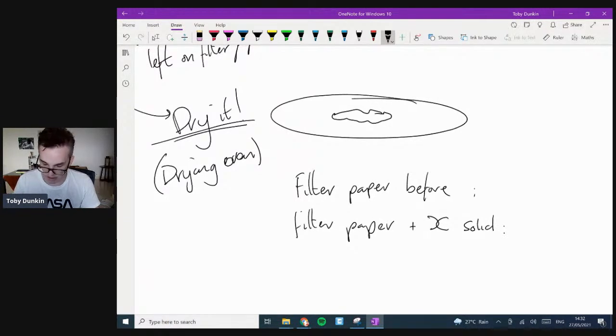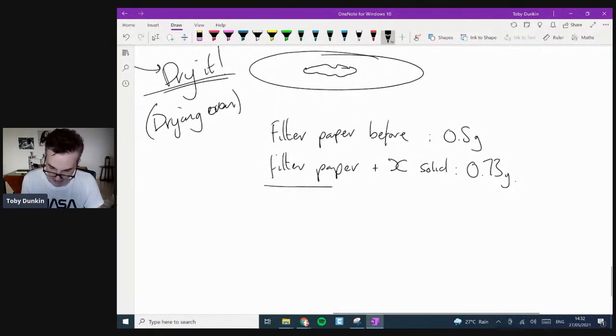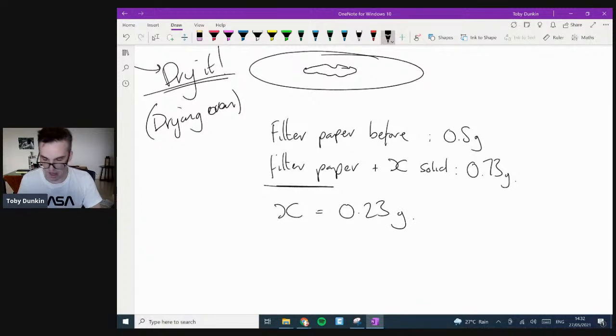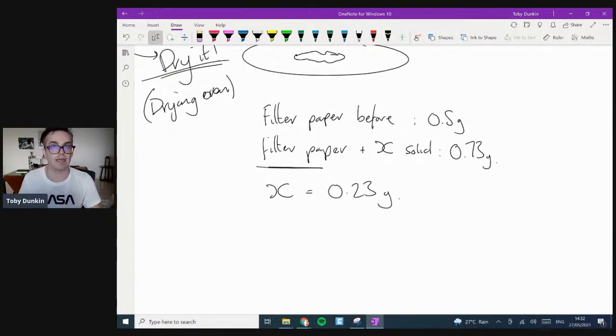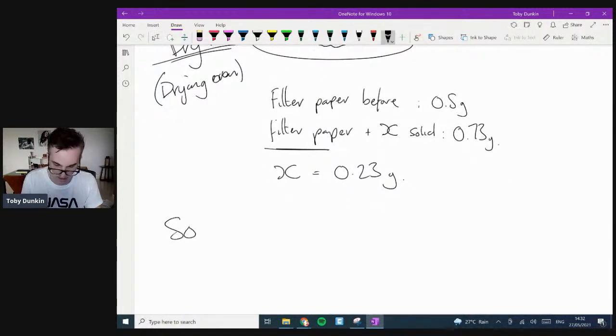Let's say the filter paper weighed 0.5 grams and I had 0.73 grams at the end of it, I can tell you that X equals 0.23 grams.